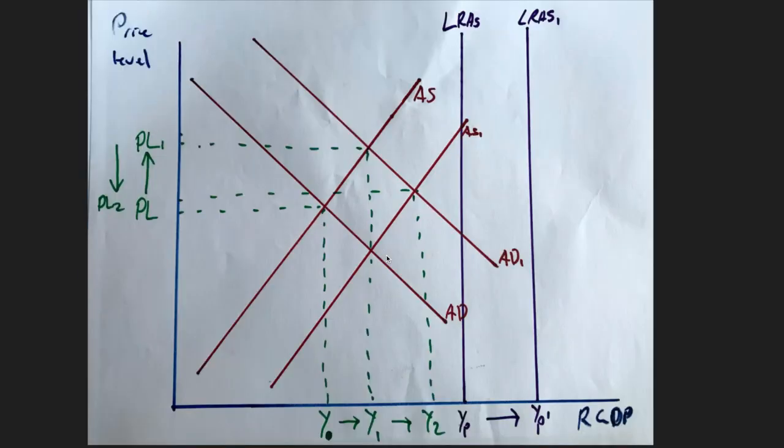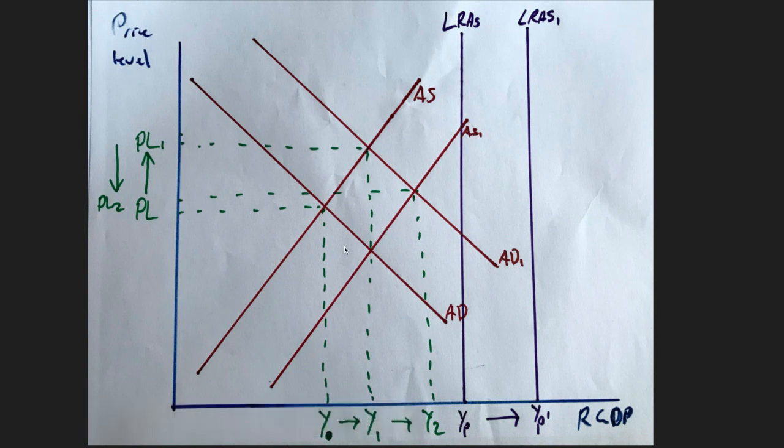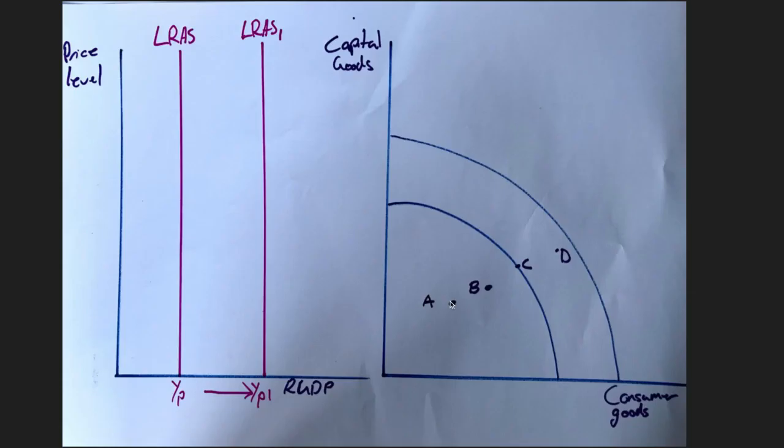So anytime we have an increase from AD to AD1 up over here, we've moved out from Y0 to Y1. That is actually just us moving out from A to B or B to C, or anything along that, moving further out towards the edge of that curve.